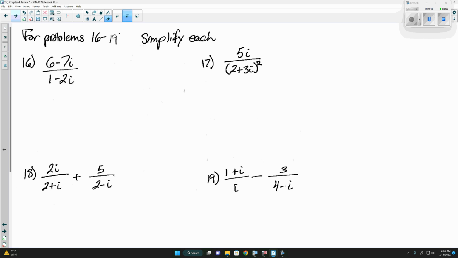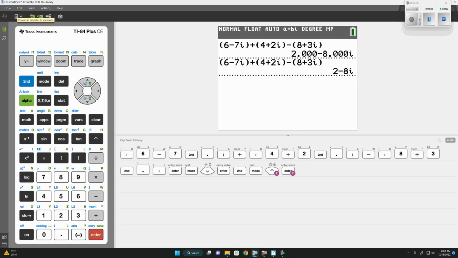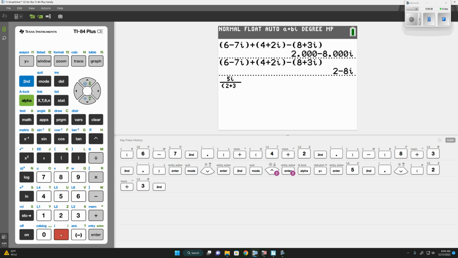Type them in. Graphing calculator will do all of these. Even 17, which looks like alpha y equals enter on the right page. 5 second i over 2 plus 3 second i close parentheses squared.